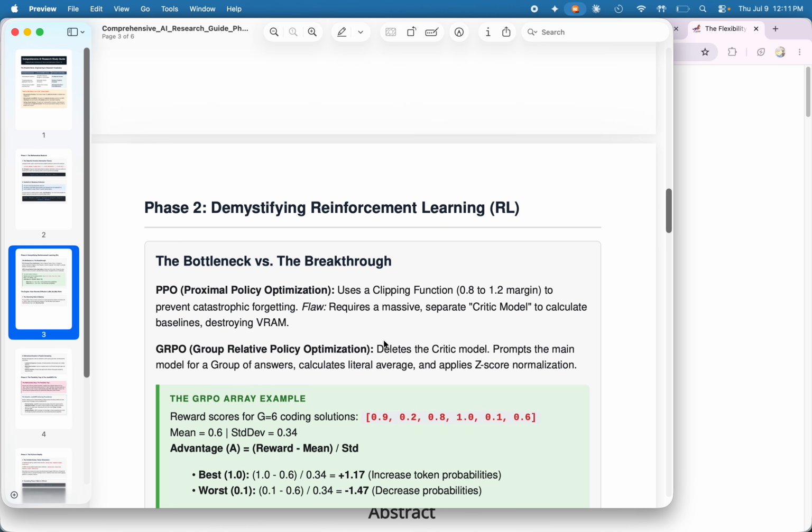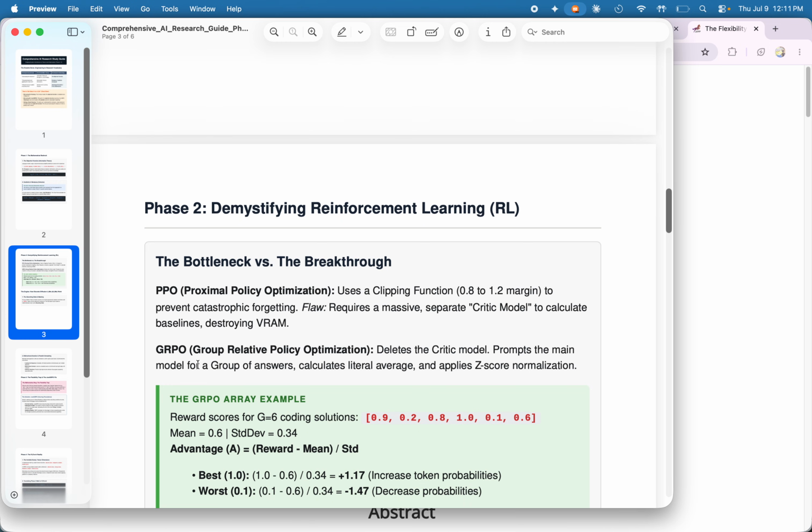That's why PPO came up from OpenAI, but the Qwen team came up with GRPO. GRPO is relatively faster and easier on resources.